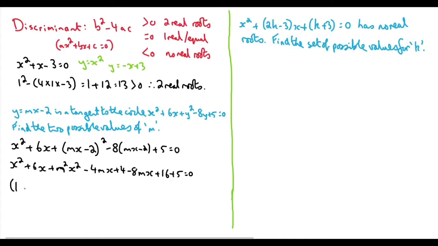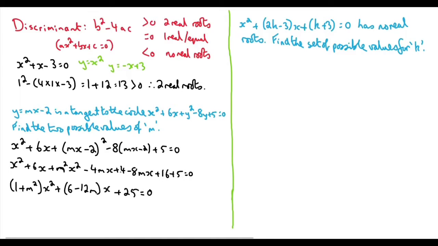So that's 1 plus m squared, lots of x squared in total. As for the individual x, you've got 6x here, but then minus 4mx minus 8mx, so together that's minus 12m, lots of x. And then just the numbers on their own, plus 4, plus 16, plus 5. Well, that's going to leave you with plus 25 at the end.